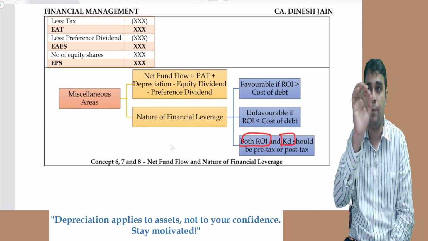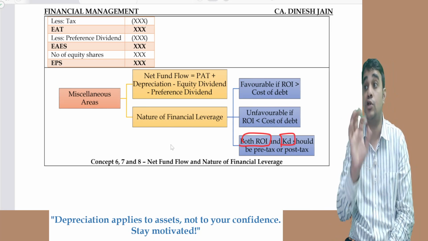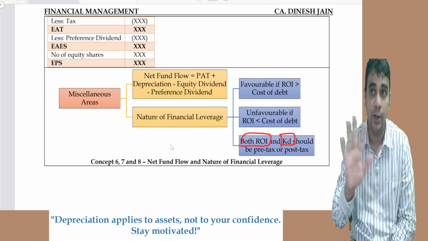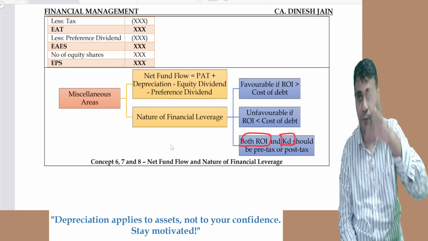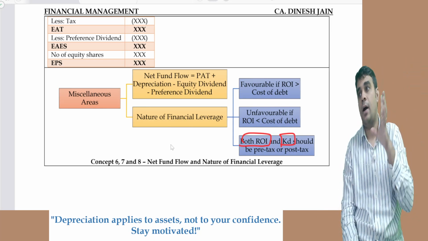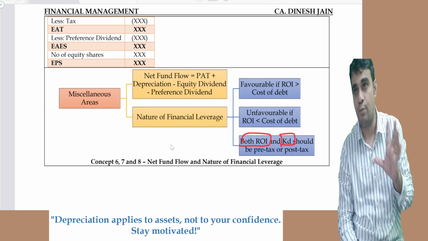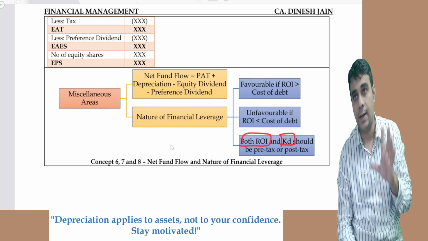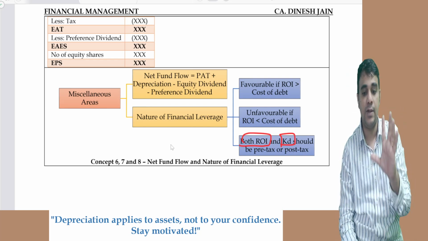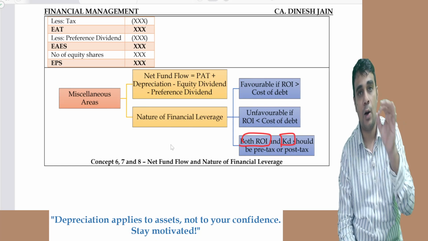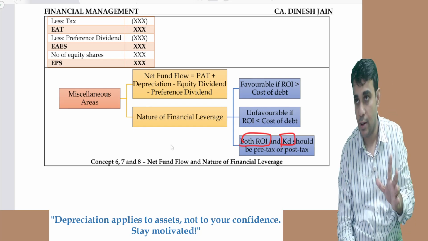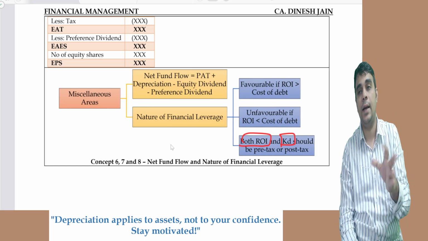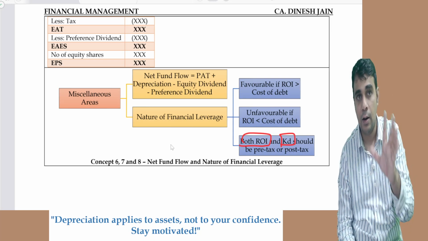Here ROI is before tax, cost of debt is also before tax. The rate of interest 9% into 1 minus tax we have not done. Do both of them before tax or both of them after tax. That consistency we have to ensure. Otherwise it's very simple. Favorable: ROI greater than cost of debt, unfavorable: ROI less than cost of debt, and both ROI and KD numbers should be pre-tax or post-tax.